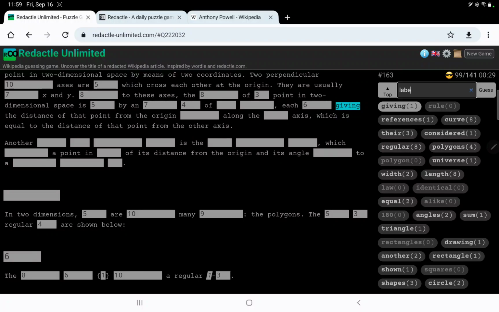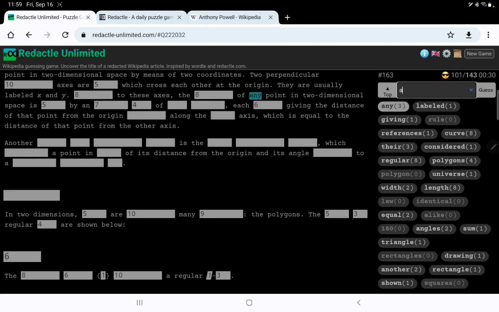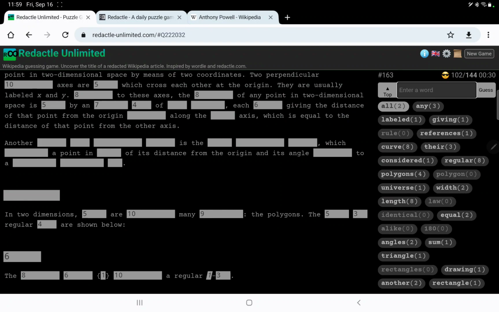They are usually maybe labeled. Yes, X and Y. Something to these axes. The 8 of any point. Let's do all as well. Is found, maybe?